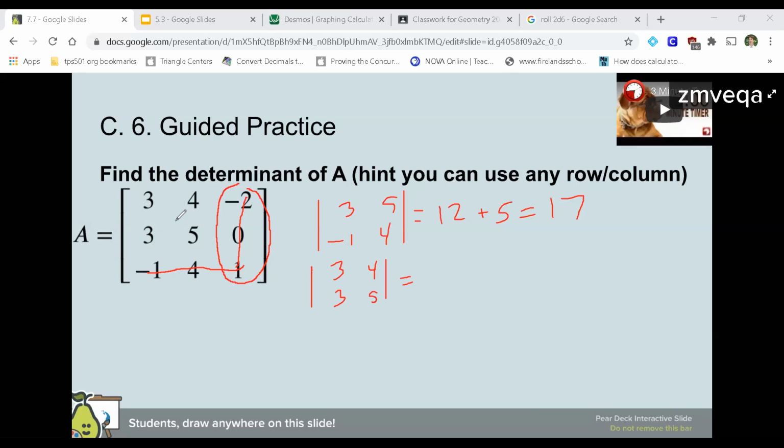So that's 15 minus 12, so that's 3. Sign in the bottom is also positive, so I'd multiply that by +1, stays 3. And so then my answer is going to be -2 times 17 plus 3 times 1, -34 plus 3 is -31. Yay? Yay.